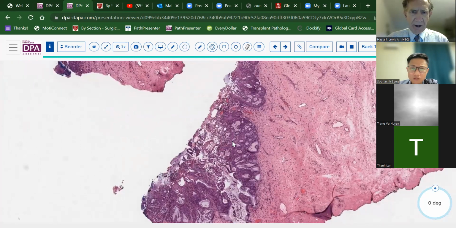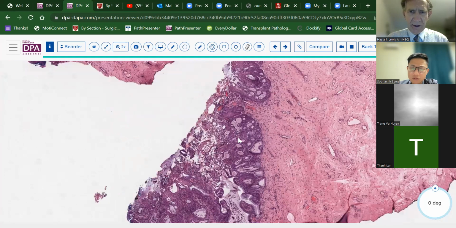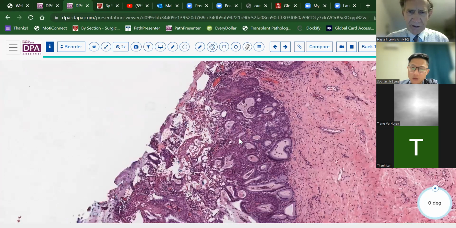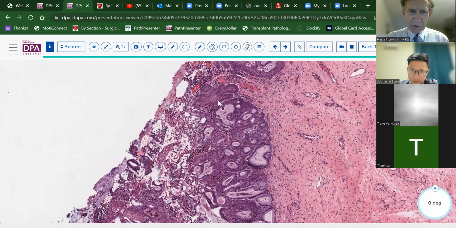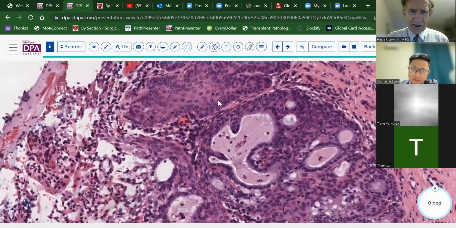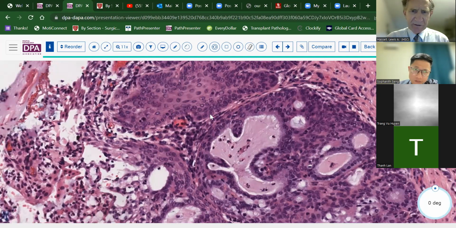And so we'll come down on higher magnification here. And what we see are a number of endocervical glands. And we see some squamous epithelium here that's a little bit on the blue side, but it seems to have some maturation to it.